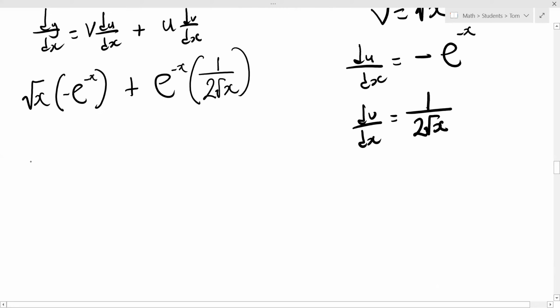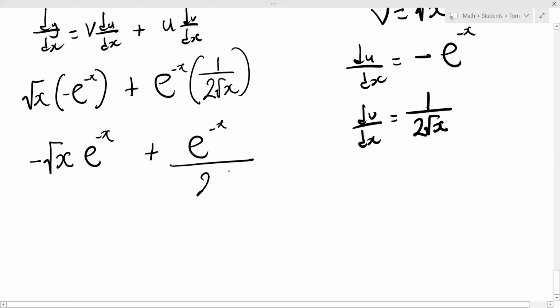We have negative square root of x e to the power of negative x plus e to the power of negative x over 2 root x. On its own this looks a bit confusing because we have to equate it to zero.